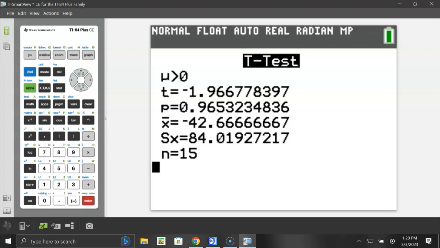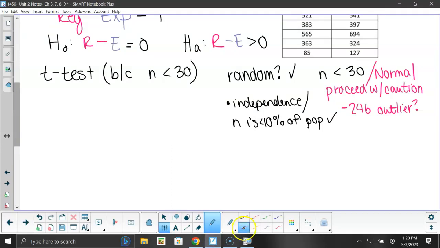Yeah, because remember, we're going regular minus the express. This is showing me my express lane's not actually faster. All right, so p-value, which was 0.96.